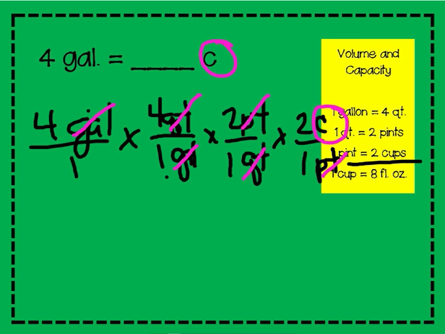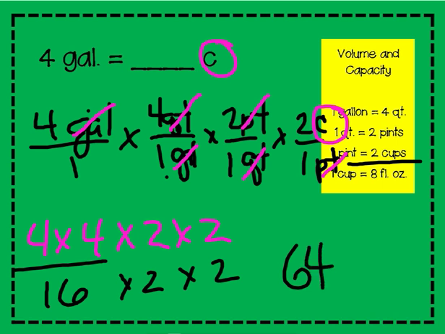So now the numerators, when I multiply those together, I have 4 times 4 times 2 times 2. 4 times 4 would be 16, times 2 would be 32, times 2 would be 64. So 4 gallons is equal to 64 cups. There you have it for converting measurements.